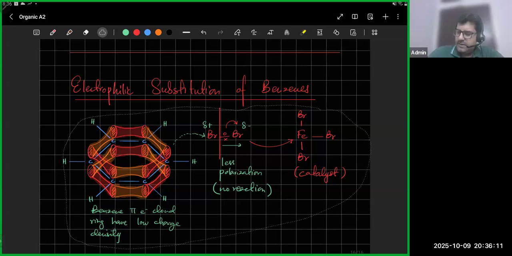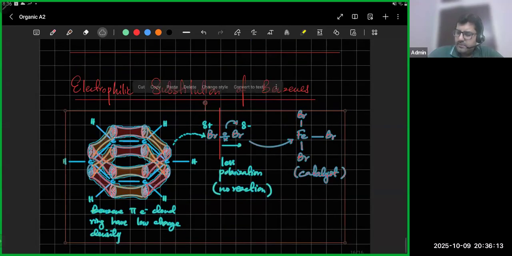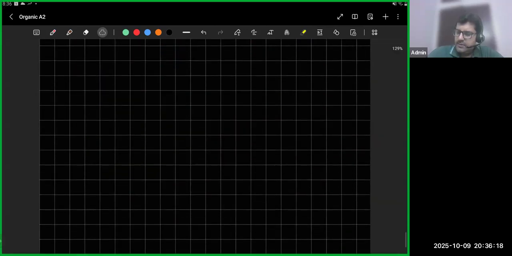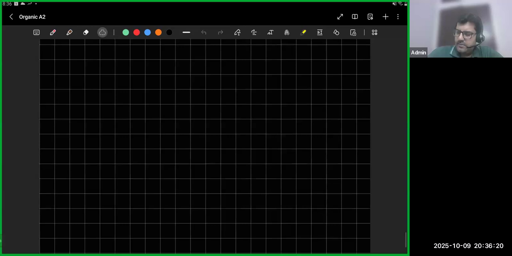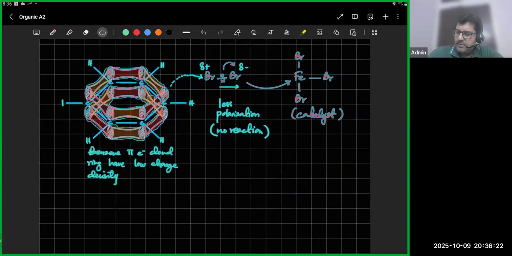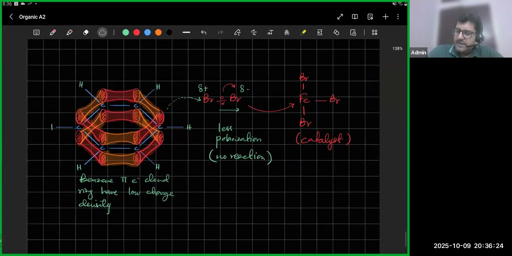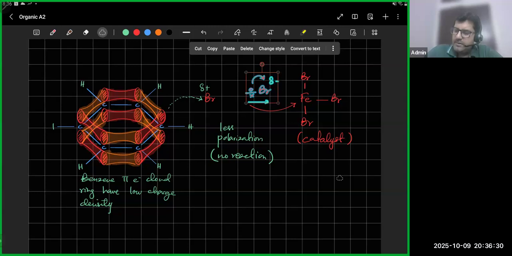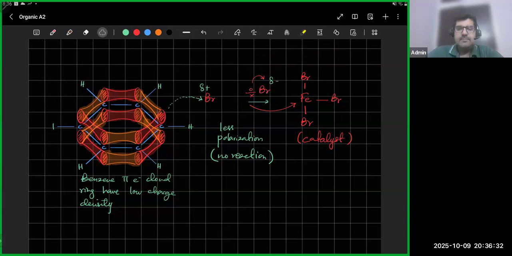और उसकी वजह से क्या होगा कि it's going to get polarized. This bromine with its electrons is eventually going to be pulled by the FeBr3, and together they will eventually form a dative bond. So ये bromine जो है ना, it's going to take its electrons just like a metal complex.